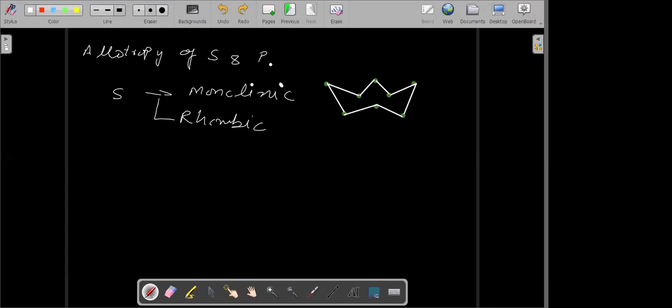So this one which we have drawn first is the structure of rhombic sulfur. Okay. Similarly, you will have the structure of monoclinic sulfur which appears in the form of a boat.